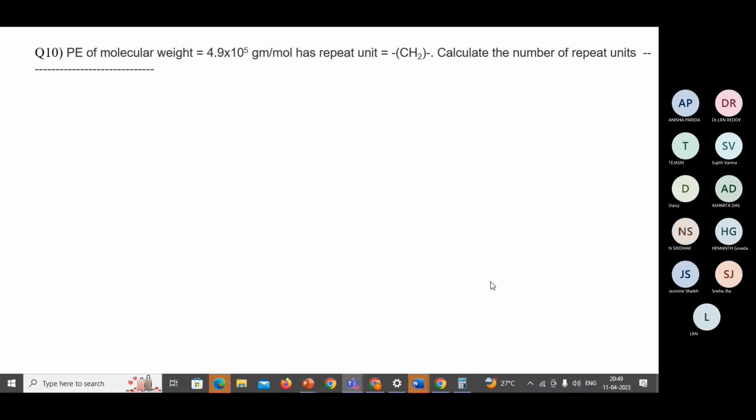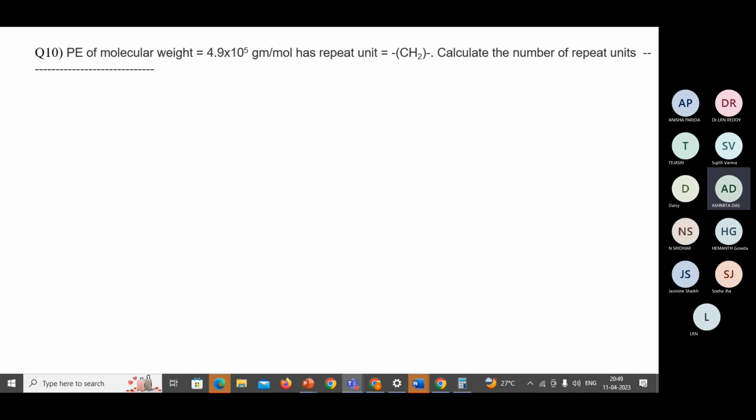Yes, ma'am. Actually, I have to find the degree of polymerization. The polyethylene's repeat unit is CH2. Simple CH2, nothing else. The repeat unit is given itself, right? Okay.